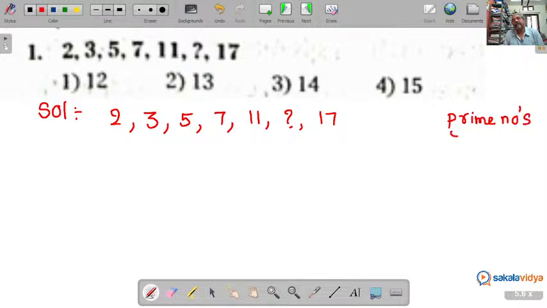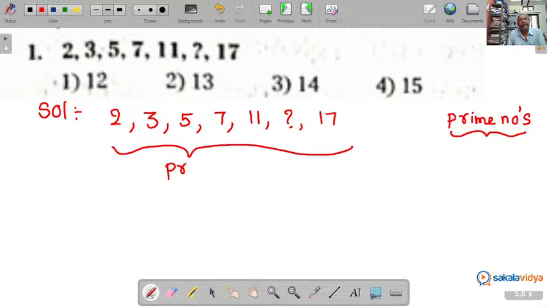Let us check whether they are prime numbers or not. Yes, they are prime numbers: 2, 3, 5, 7, 11, 17. So here it follows the prime numbers pattern.